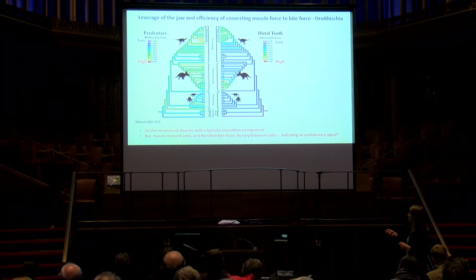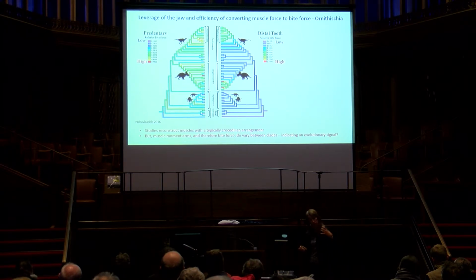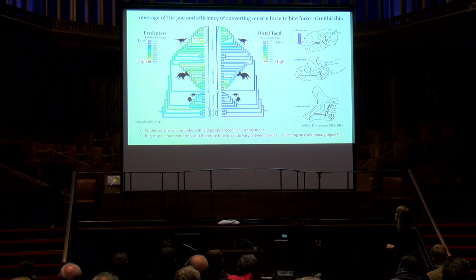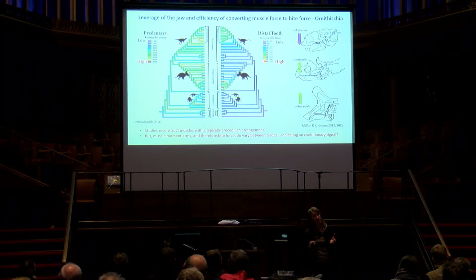The study basically showed that there are two main groups of ornithischia, the hadrosaurs and the ceratopsians, which are evolving towards having these more efficient jaw levers. And it's different for when the animal's biting at the front of the jaws, and other groups are perhaps optimizing more for biting at the back of the jaws. This tallies with other studies that looked at jaw leverages in these particular clades.